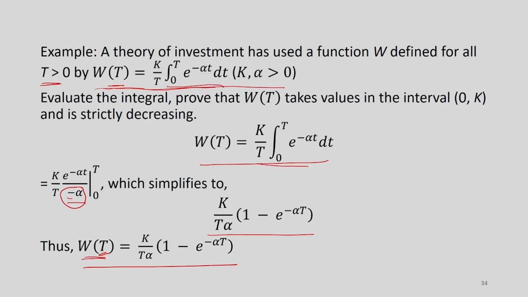It always takes a positive value. So, it basically varies between 0 and plus infinity. So, we can take these two limits and try to see how the value of the function, W(T), changes as capital T takes these two extreme values.